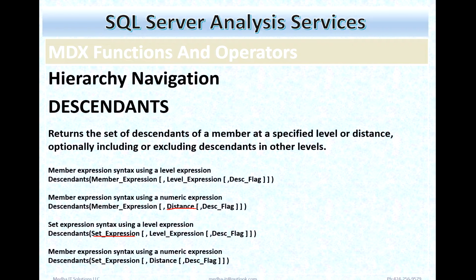Similarly, it can take set expression as well. So, that means if your inner expression is returning a set, you can use it directly instead of saying item 0. Okay. But the main difference is when you are using descendants, you can specify either level expression or you can specify the distance.